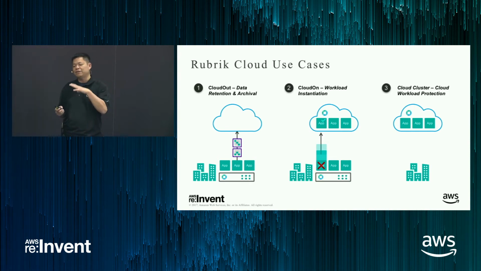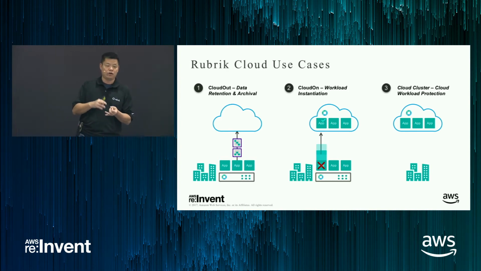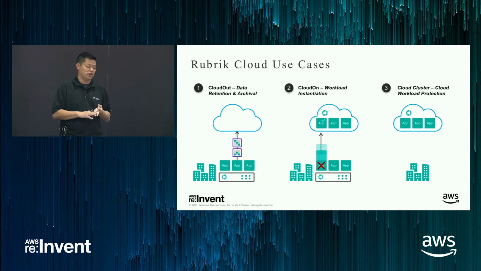But then once you have that data sitting in S3, instead of just leveraging it only for restores, what if you could use it for things like test dev, for cloud migrations, as well as for disaster recovery? And that's when we came up with a feature called Cloud On, which is a way to take backups of, let's say, your VMware environment and being able to send that off to S3, but then use AWS services to create EC2 instances that are a replica of your on-premises environment.